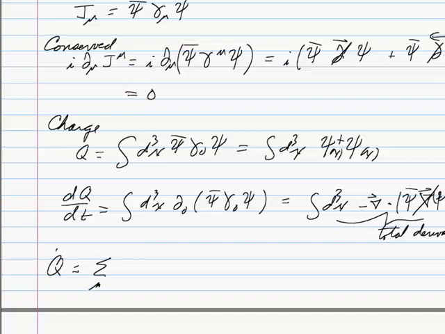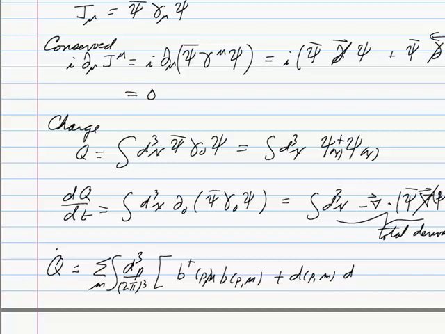It's the sum over m, integral d3p over 2 pi cubed, b dagger of p, m, b of p, m, plus d of p, m, d dagger of p, m.